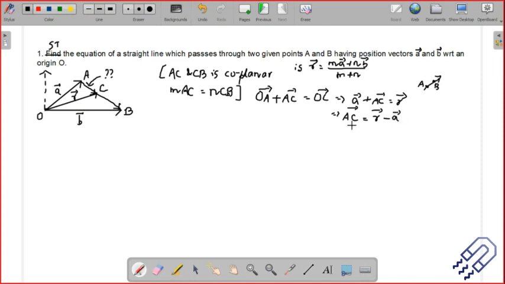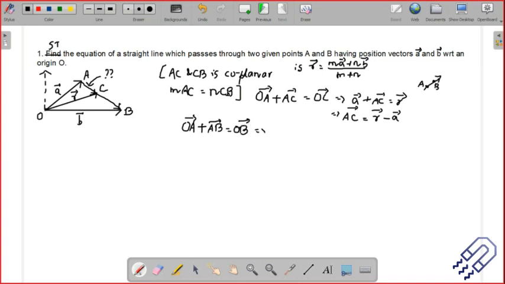So we have an expression for AC now, because we are using m times AC is equal to n times CB. Now let's find out what CB is. For CB, maybe we can write it this way; there will be other ways also. What I'm thinking right now is this: OA plus AB is equal to OB.